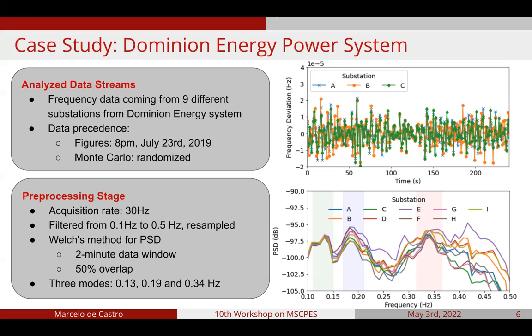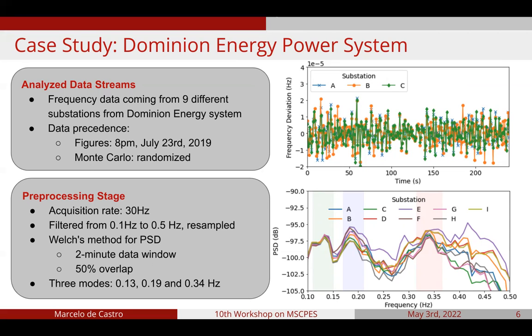So the data also needed to be processed prior to the analysis, including the filtering of frequencies outside the interval of 0.1 and 0.5 hertz, and the resampling of the data. We also used the Welch method for calculating the power spectral density, or PSD, which takes into account 2-minute long data windows with 50% overlap.